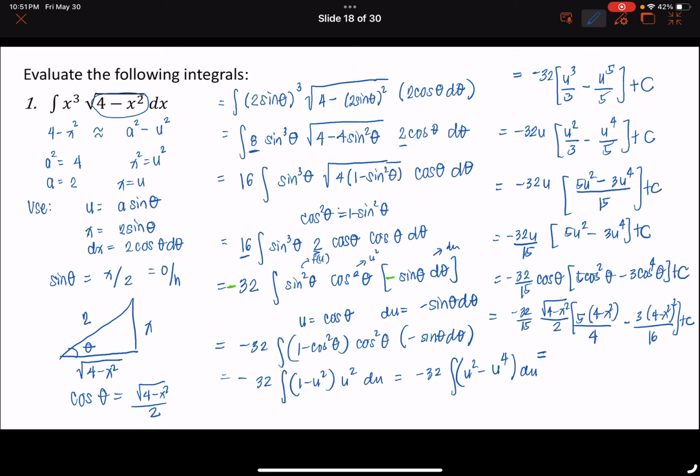So we now have negative 16 over 15 square root of 4 minus x squared times 5 over 4 times 4 minus x squared minus 3 over 16 times 4 minus x squared, plus c.